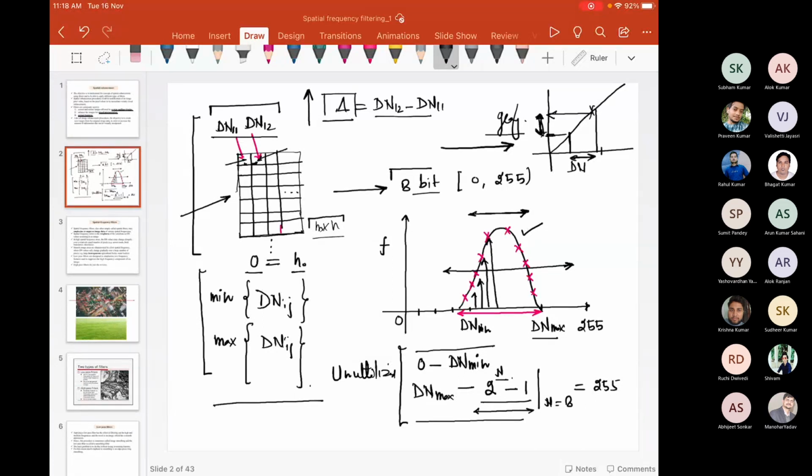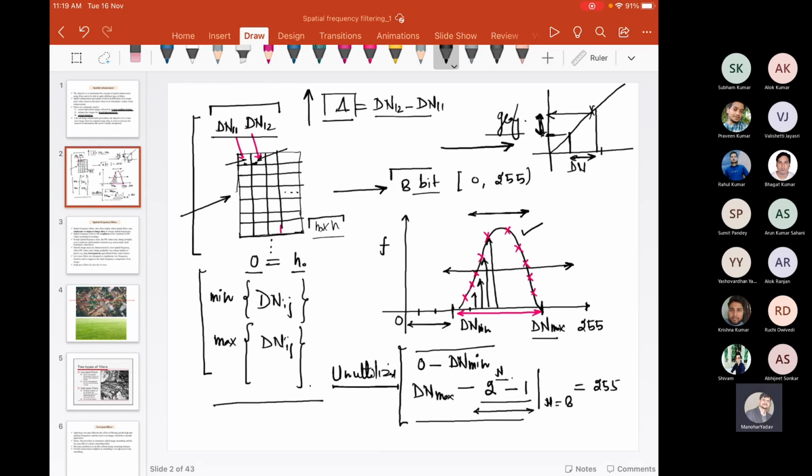By stretching it, we can use various transfer functions. Various kinds of transfer functions can be used to stretch this image, to stretch the histogram that is limited in terms of its DN range, so that the unutilized digital numbers can also be taken into consideration.